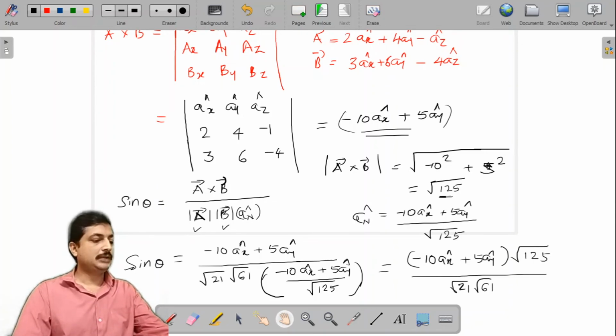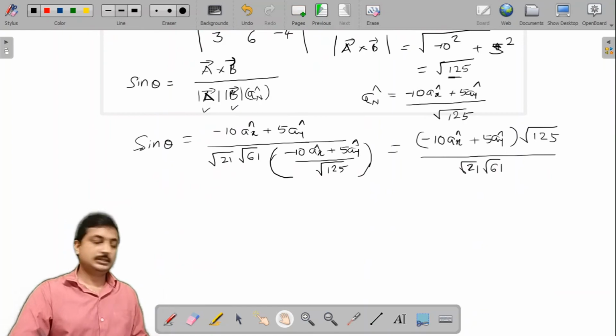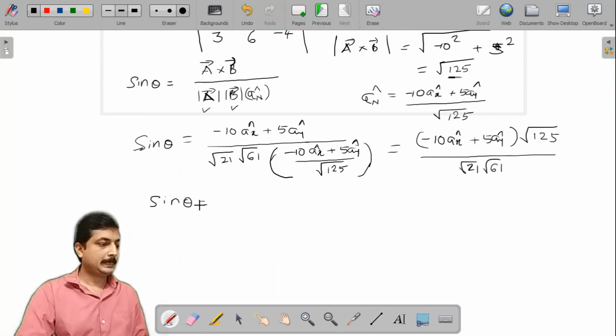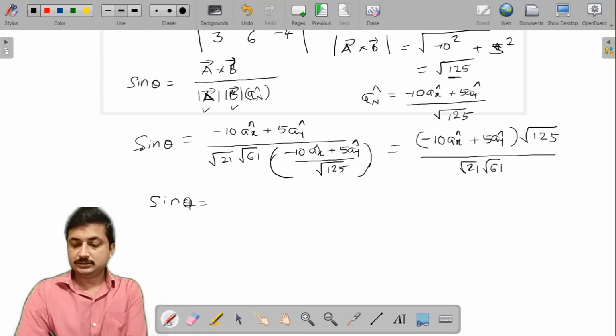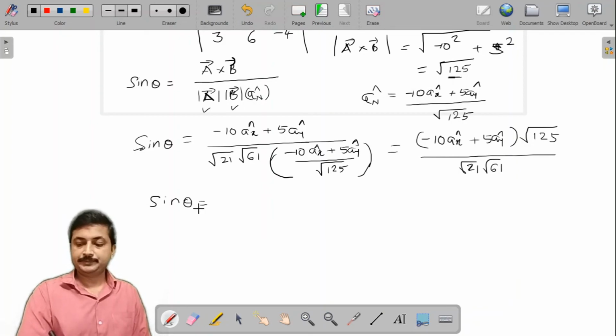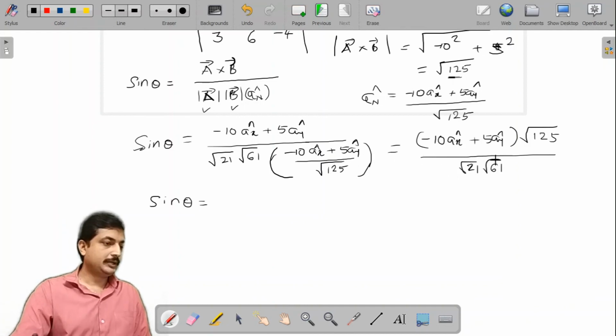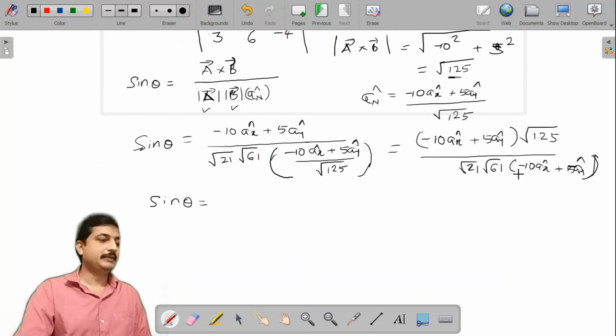So now if a calculator solves this, you'll get sine theta to be, okay, I forgot here to write minus 10 ax cap, right? Because the denominator also I have minus 10 ax cap plus 5 ay cap. Okay, sorry for that.